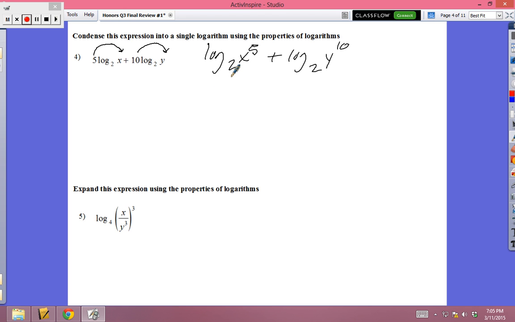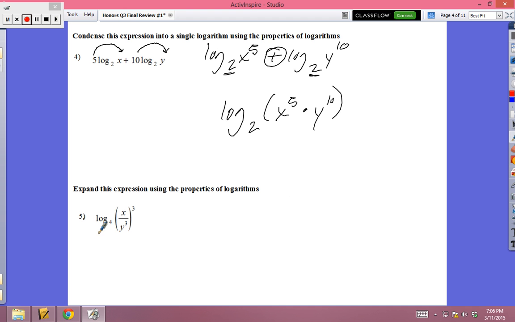Now, since these logs are both in base 2, we can combine them, and addition is linked to multiplication. So if we want to write a single logarithm, it's going to be log in base 2 of x to the 5th multiplied by y to the 10th.